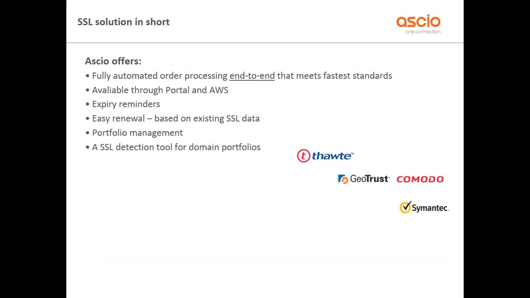Now, what is the Ascio solution? I'll go into details with these bullets below in the presentation. We'll offer you fully automated order processing end-to-end, meaning that once we have received your order through the portal or through the API, we will submit your request to the certificate authority, the CA.